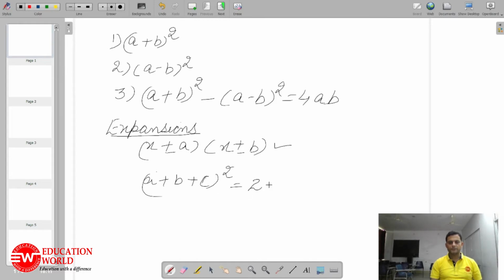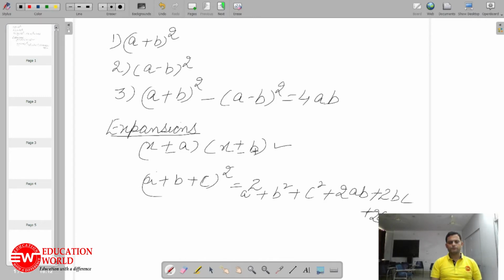So the formula is a square plus b square plus c square plus 2 combination ab, plus again combination bc, again combination ca, 2ca.